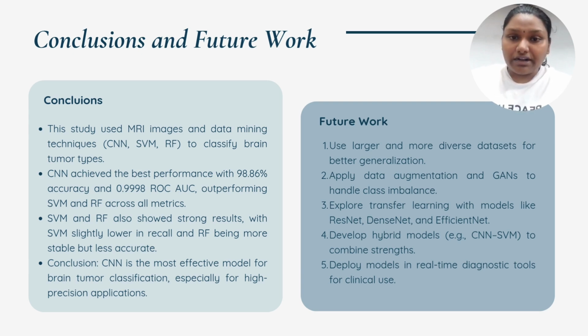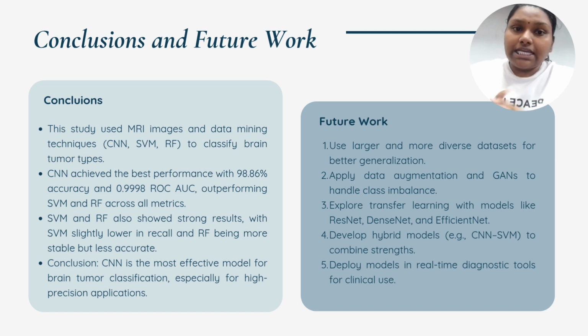SVM and RF also showed strong results, with SVM slightly lower in recall and RF being more stable but less accurate. The conclusion is CNN is the most effective model for brain tumor classification, especially for high precision applications.